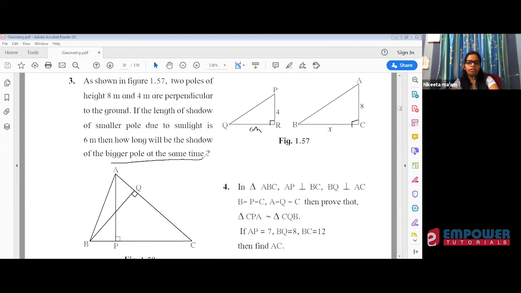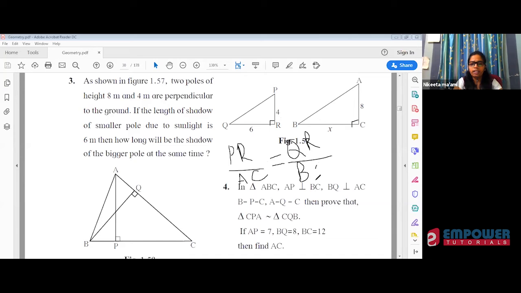Okay, so here there are two poles, okay, and so basically if you see, triangle ACB and triangle PRQ are similar triangles, okay. So basically PR upon AC will be equal to QR upon BC.